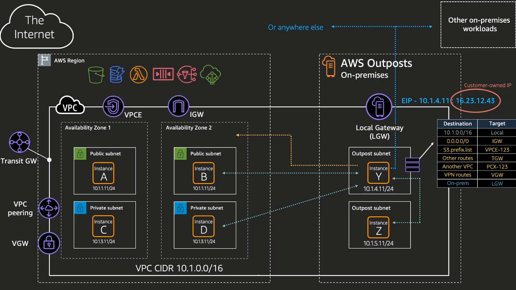Now, one key point here is we use what's called a customer-owned IP range to assign elastic IPs to instances in the Outpost at the LGW. So if you're familiar with the way the IGW works, and we covered that briefly at the start, basically we assign elastic IPs at the IGW just like we do with the LGW, and there's a NAT function that happens there from the instance out through to your on-premises workload.